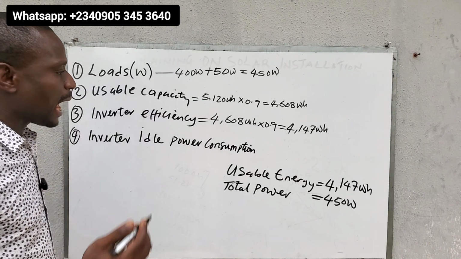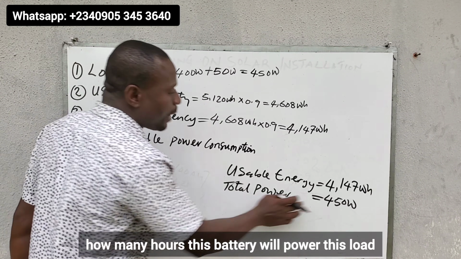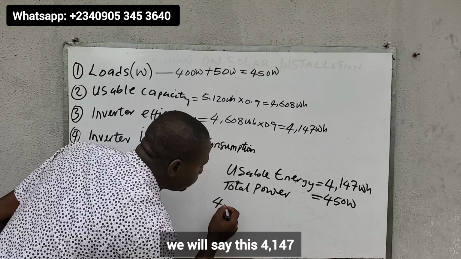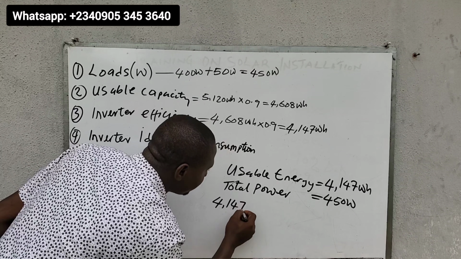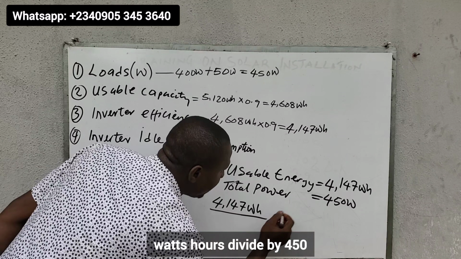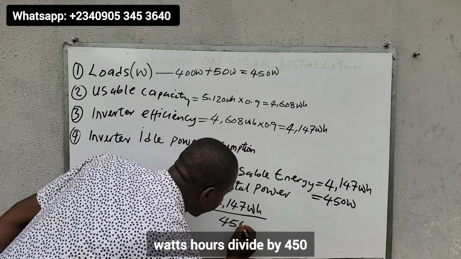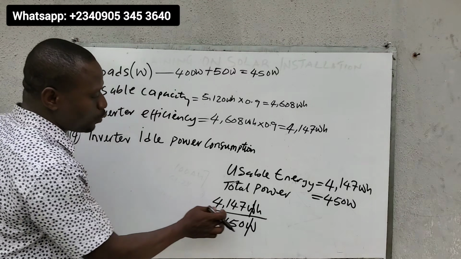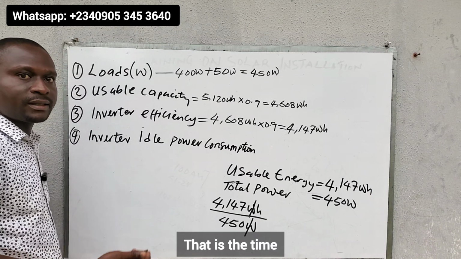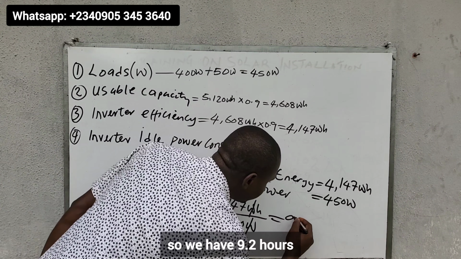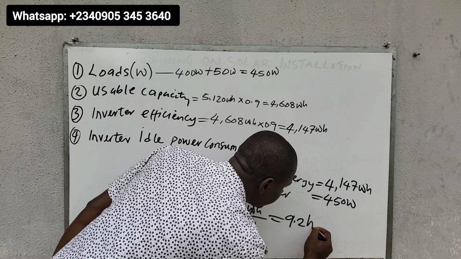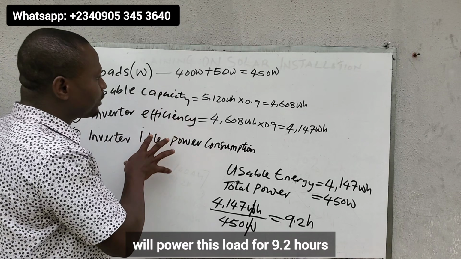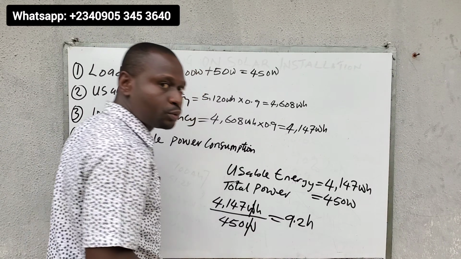For us to know how many hours this battery will power this load, we say 4,147 watt hours divided by 450 watts. So this watt will cancel this watt, and what we are left with is hours. That is the time. So we have 9.2 hours. So this battery will power this load for 9.2 hours.